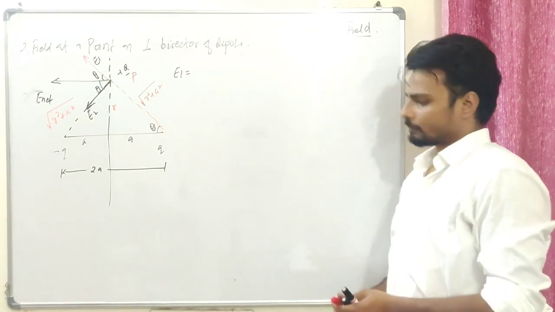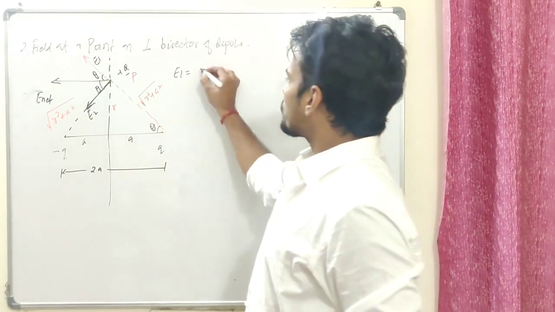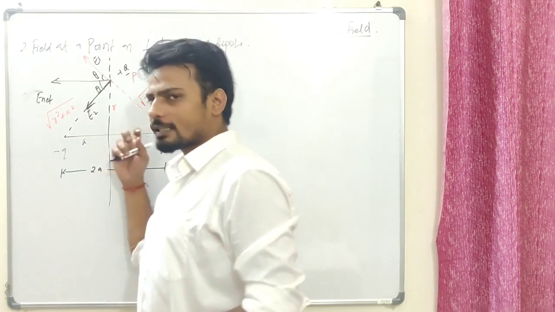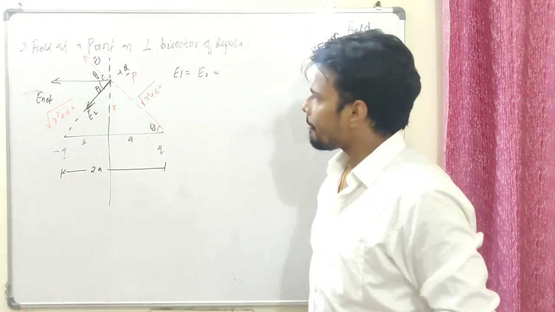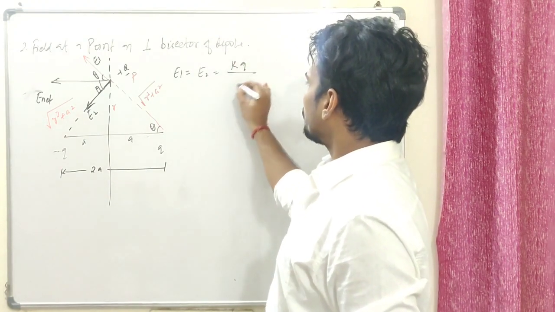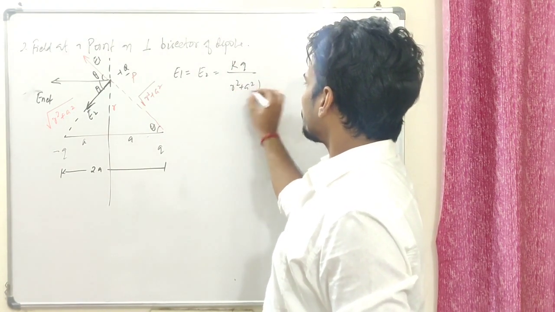Fair enough? Now E1 equals E2. I hope you guys agree the distance is same, the magnitude of the charge is same, so the value should be same. E1 equals E2 should be how much? K Q over R square plus A square.